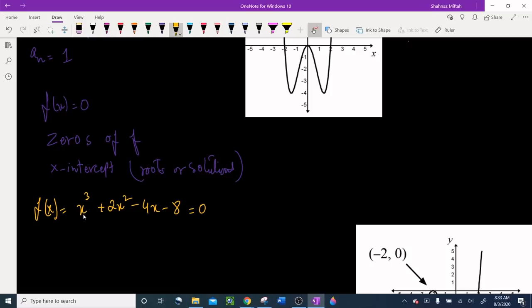And always remember, guys, if you have 4 terms, you can always make groups. So you can make a group solution for it. For example, I'll take these 2 and I'll take these 2 as a group.